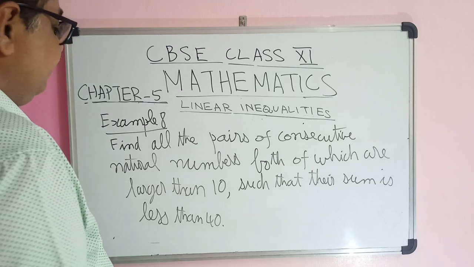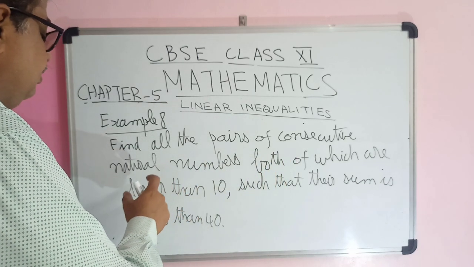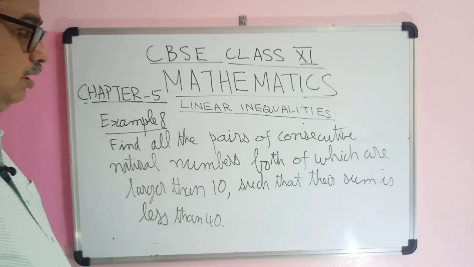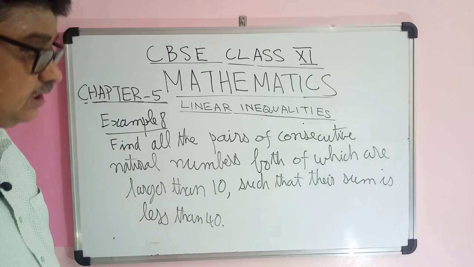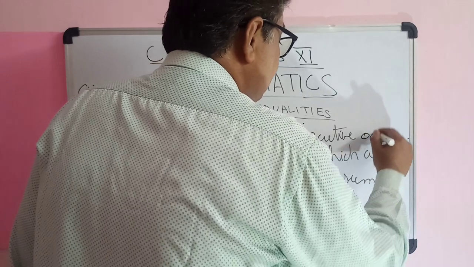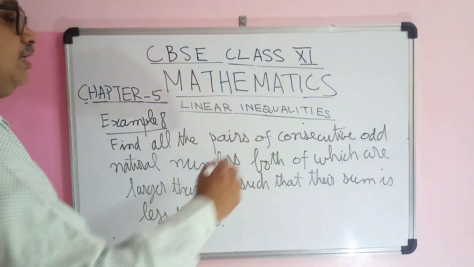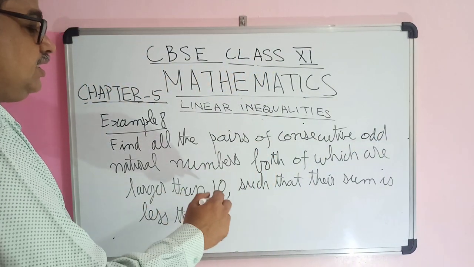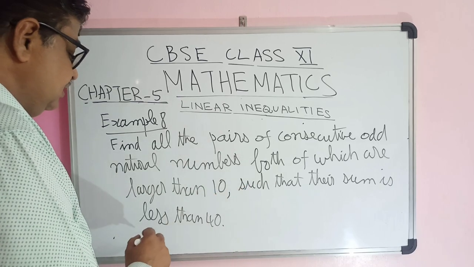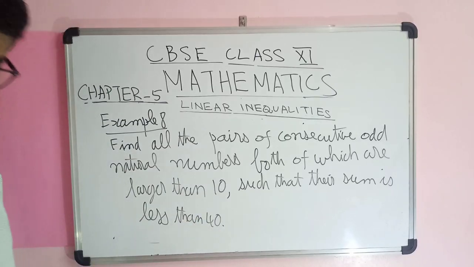So the question is, we have to find the pairs of consecutive odd natural numbers, both of which are larger than 10, such that their sum is less than 40.